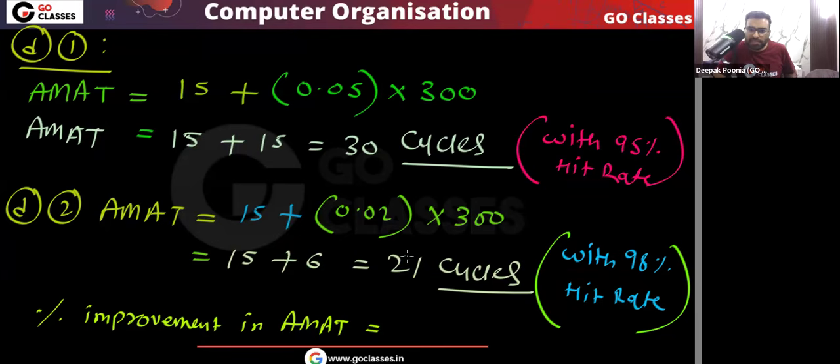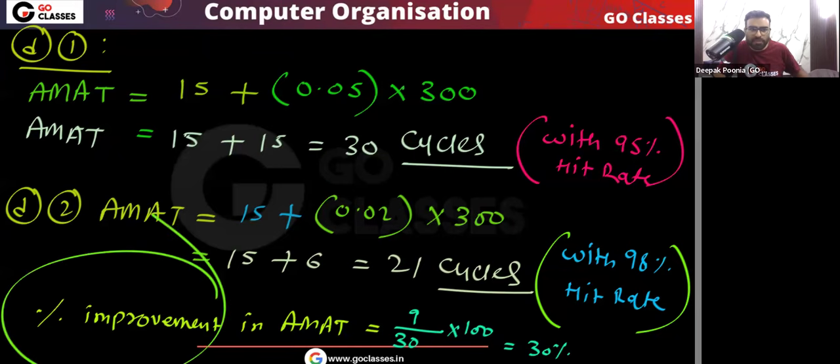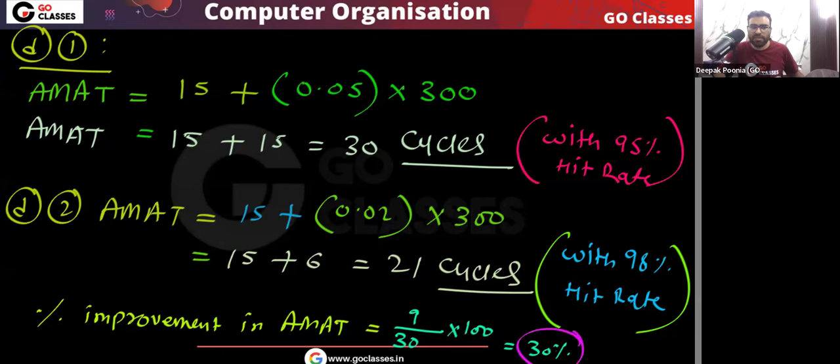The improvement is basically 9 cycles, so 9 divided by the original, the old, that is 30, multiplied by 100. That will be equal to 30%. This is another very good question. In the GATE exam, they can ask you that first we have a 95% hit rate, then we improve the hit rate by 3%, then what is the percentage improvement in the average memory access time? That will be 30%.